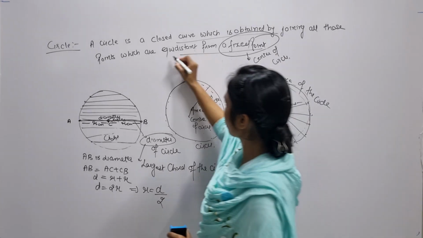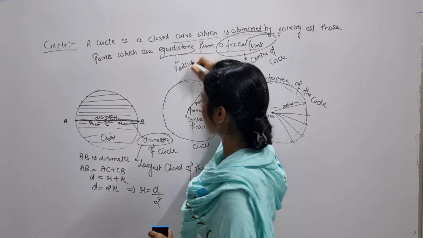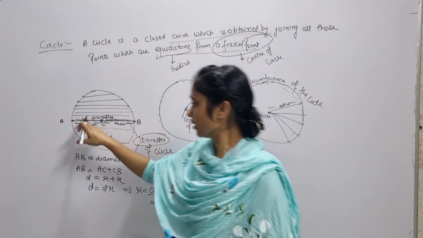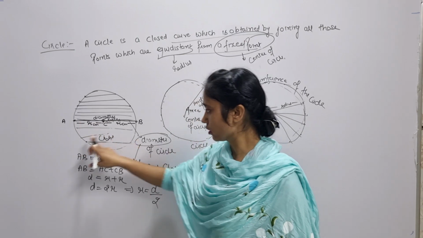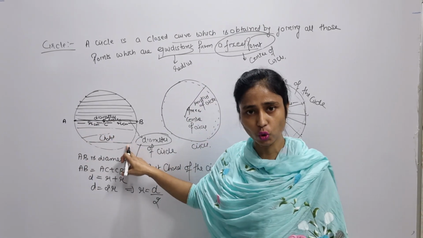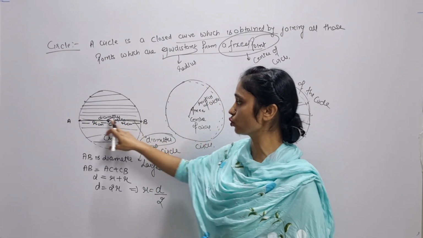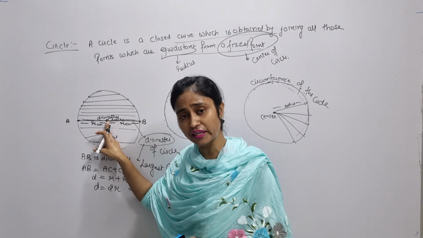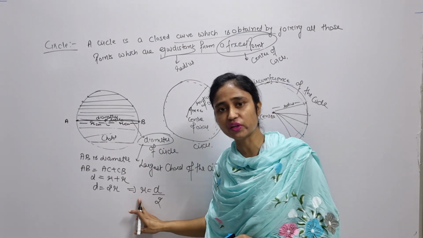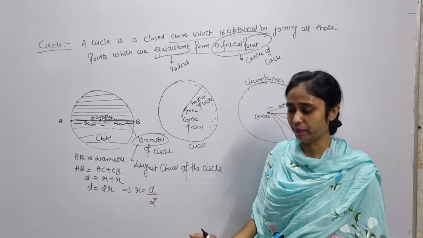This distance is the radius of the circle and the boundary is the circumference of the circle, and a chord is a line segment which we obtain by joining 2 points on the circumference of the circle. A chord which is passing through the center of the circle is said to be the diameter, and diameter is 2 times the radius, or we can say that radius is half of the diameter.